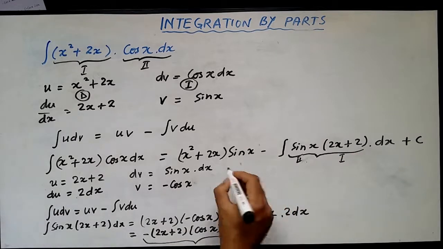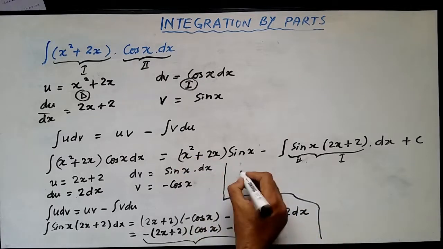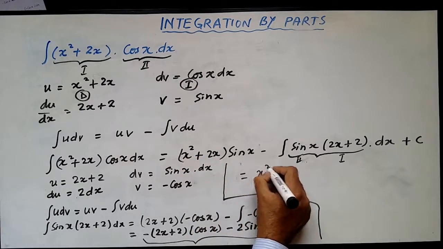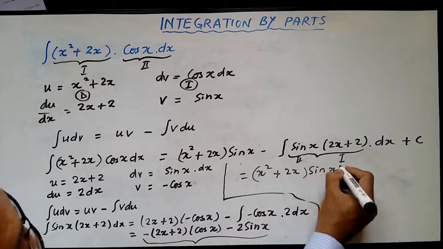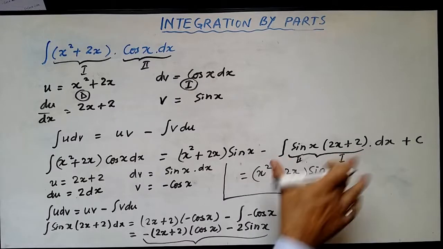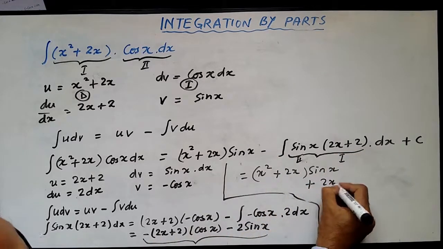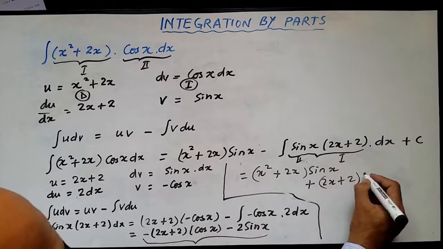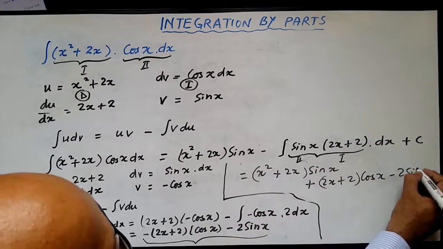So the final expression will become (x squared plus 2x) into sine x minus, instead of this expression we will add this expression. So minus and minus becomes plus, so it is (2x plus 2) cosine of x, minus 2 sine x.